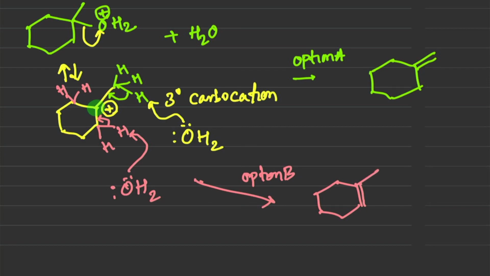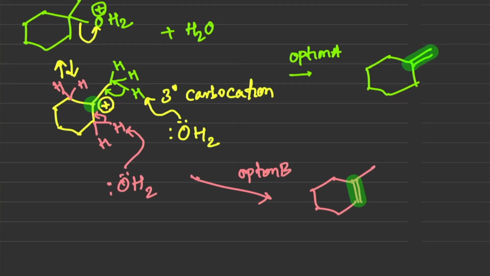If you notice, this alkene here is a lot more stable because it is triply substituted. So you are 1, 2, 3. But the alkene here is less stable because it's doubly substituted. More substitution means more stable. This alkene is more stable because it is more substituted.